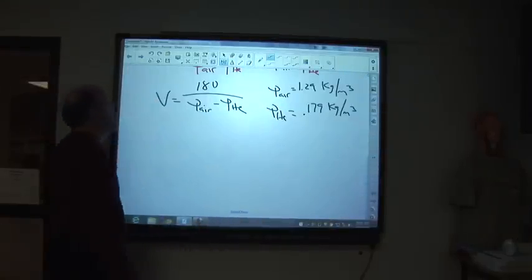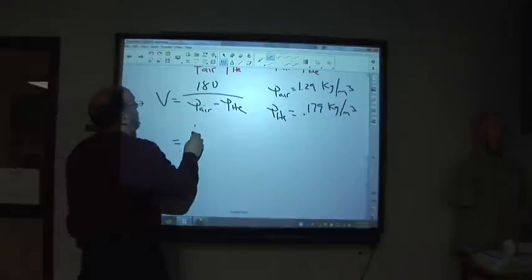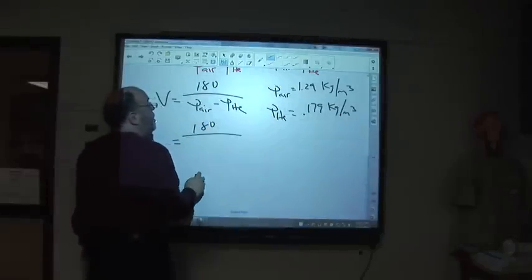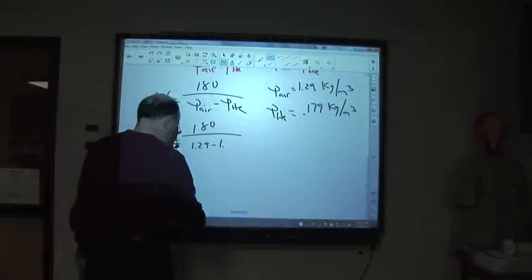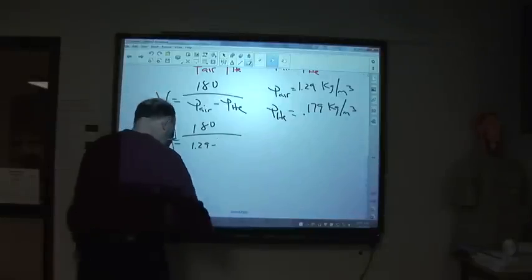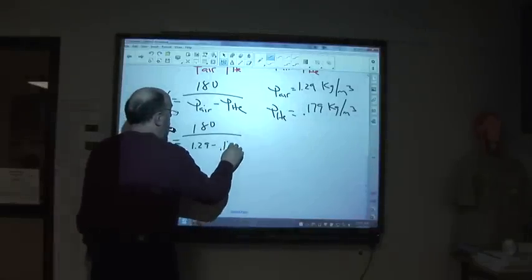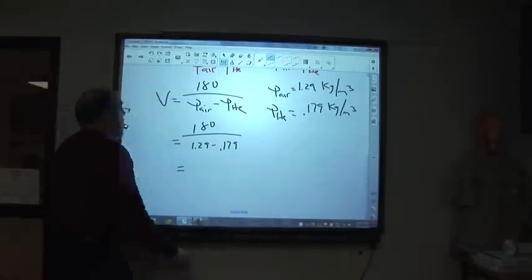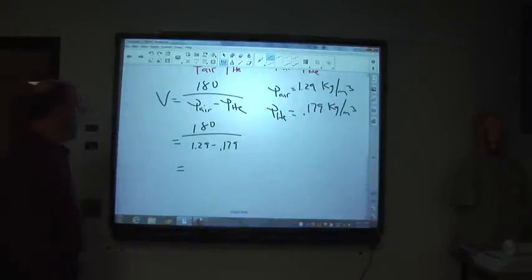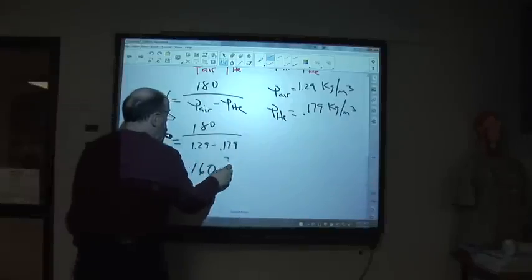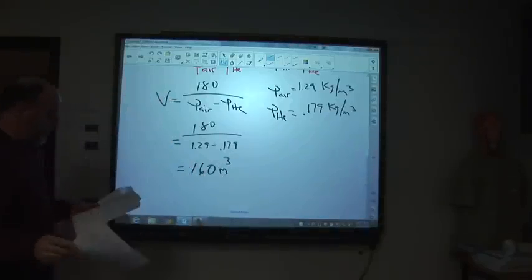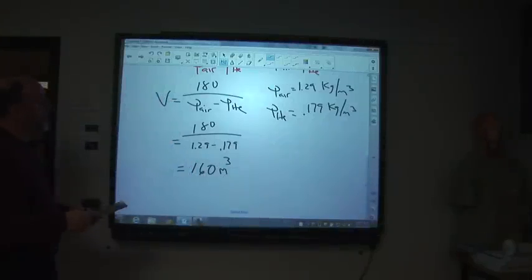And so we can take those numbers and we can plug those in. And we end up that my balloon has to occupy a volume of 160 cubic meters.